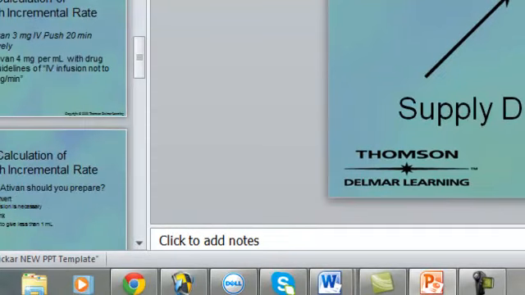Remember, you take the desired dosage divided by what you have times the quantity of time recommended, and that's the IV push rate.